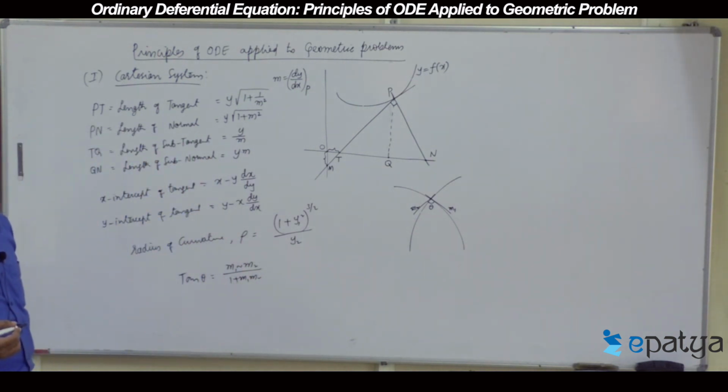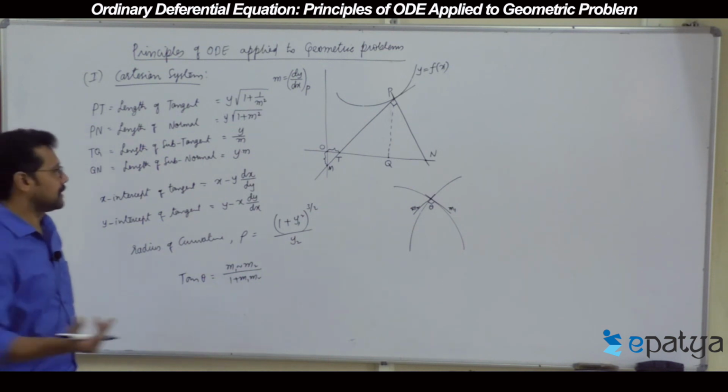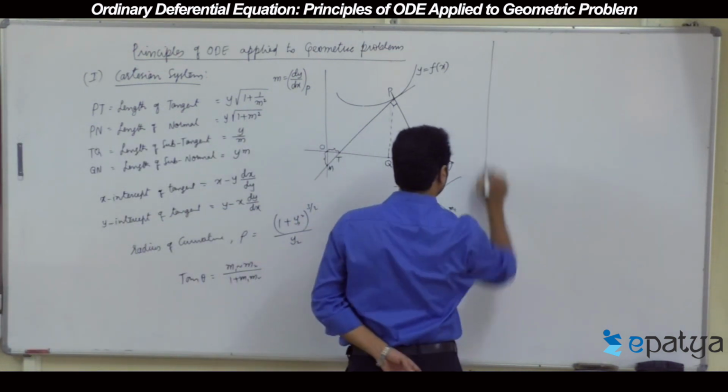Sometimes people, if they want only the acute angle, they take mod M1 minus M2. If you get tan theta negative, it means you will get greater than 90 degrees angle, which is an obtuse angle. Okay, whatever, that depends on the case.